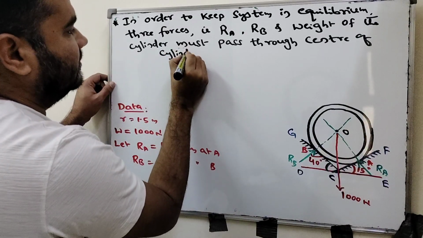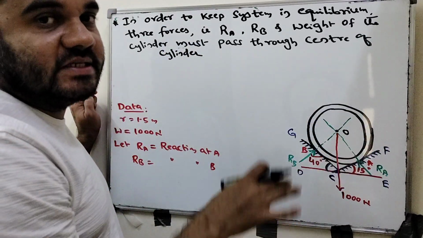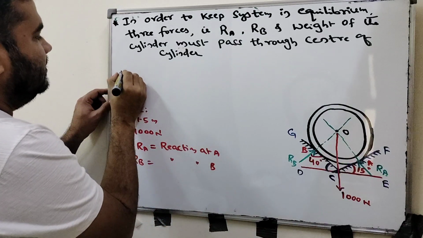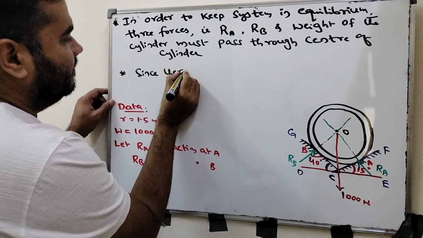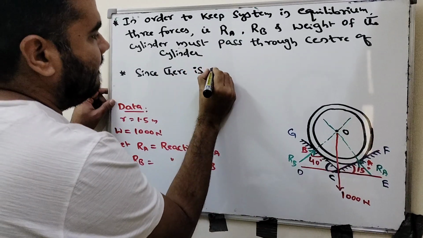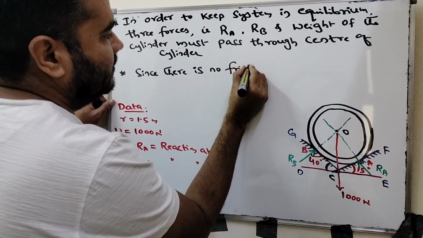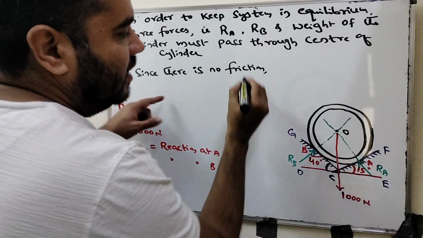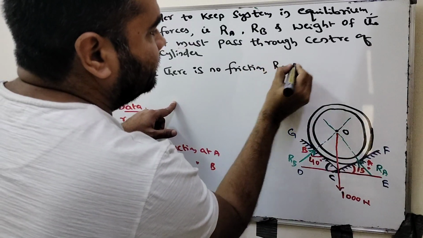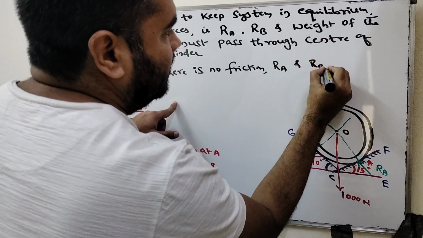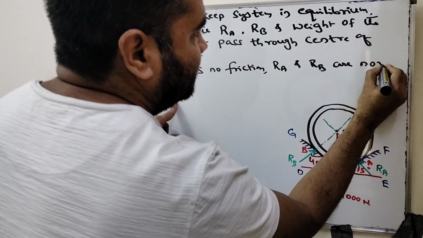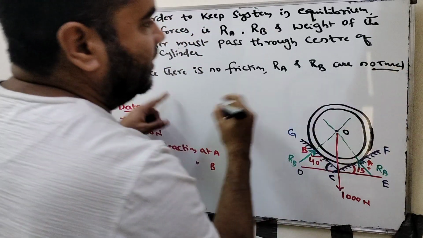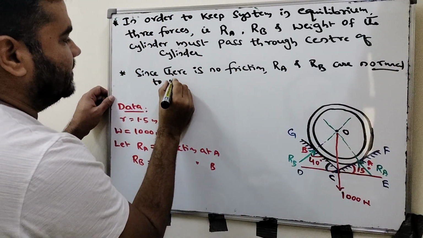This is one condition to keep the system balanced. The second one: since there is no friction, RA and RB are normal to the surfaces. Normal means perpendicular to their surfaces.